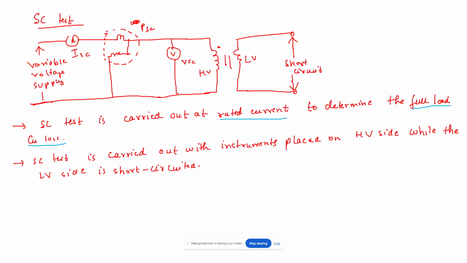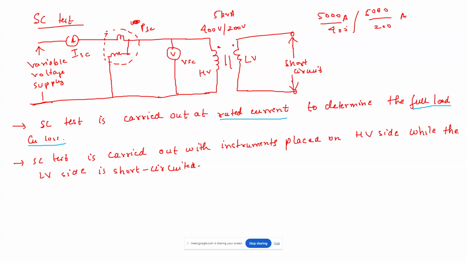Now, from the same logic, suppose this is the high voltage side, 400 volt to 200 volt, and suppose a 5 kVA transformer. On the high voltage side, the rated current will come out to be 5000 by 400, and on the low voltage side the current rating will be 5000 by 200.